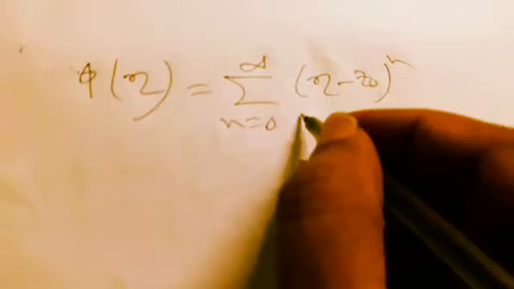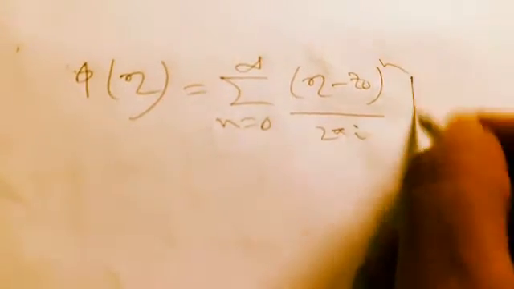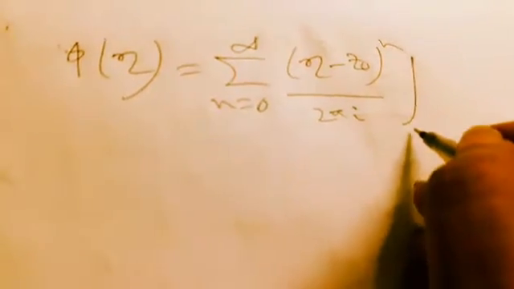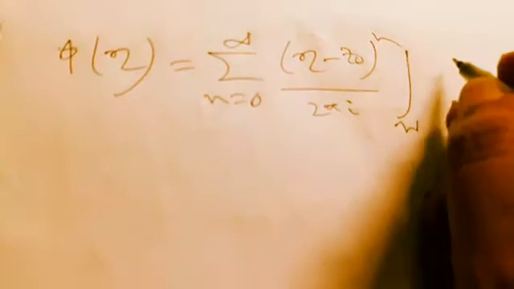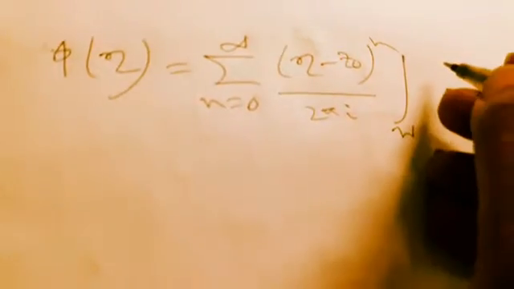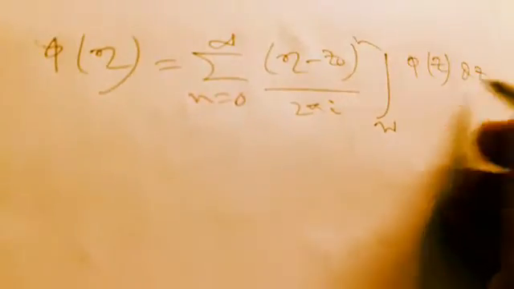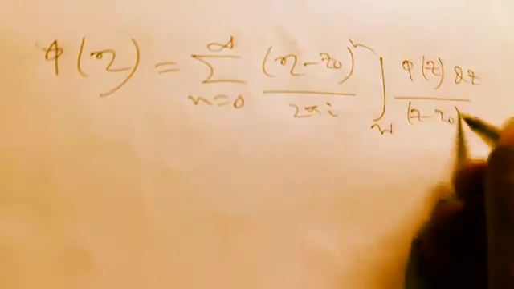So phi of eta equals the summation n equals 0 to infinity of eta minus z0 whole to the power n by twice pi i times the integration over the curve omega of phi of z dz by z minus z0 whole to the power n plus 1.